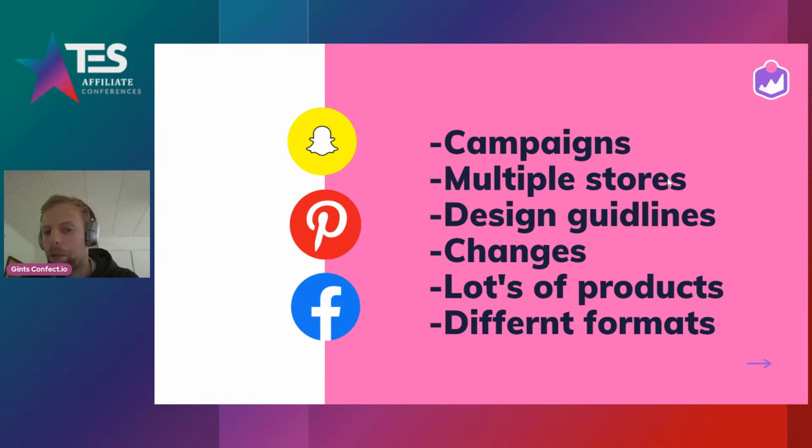Do we have different branches? Do the campaigns differ from city to city? How are our design guidelines? So can we do this? Can we not do this? What if there are changes in the product catalog, or maybe we run out of some items? So how can we balance all this? How can we match all the formats?